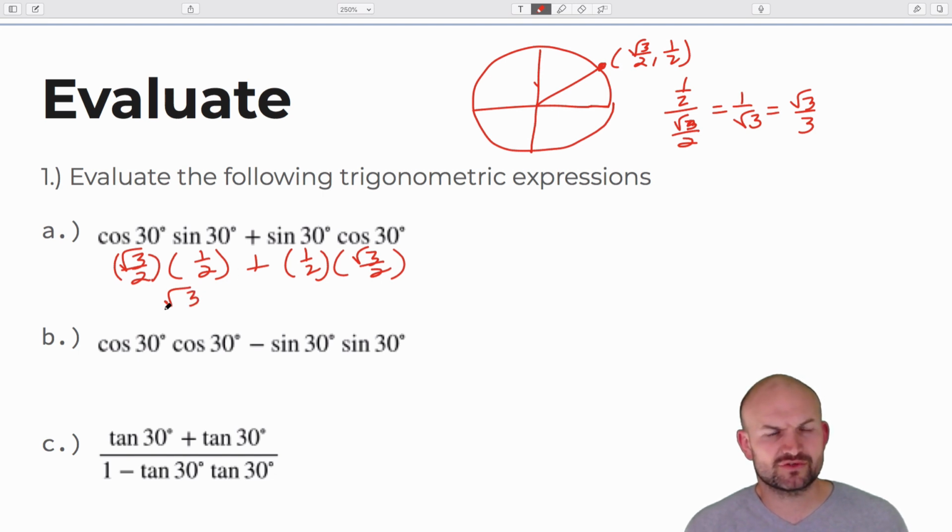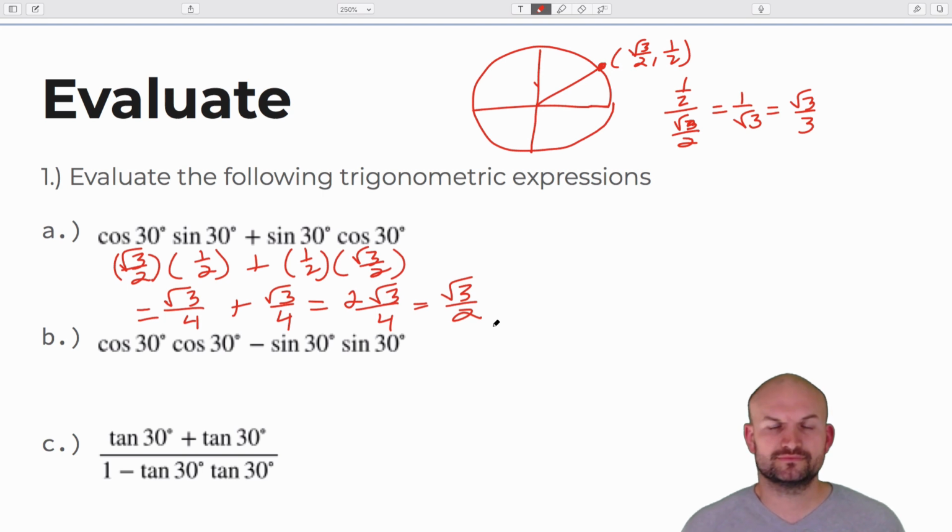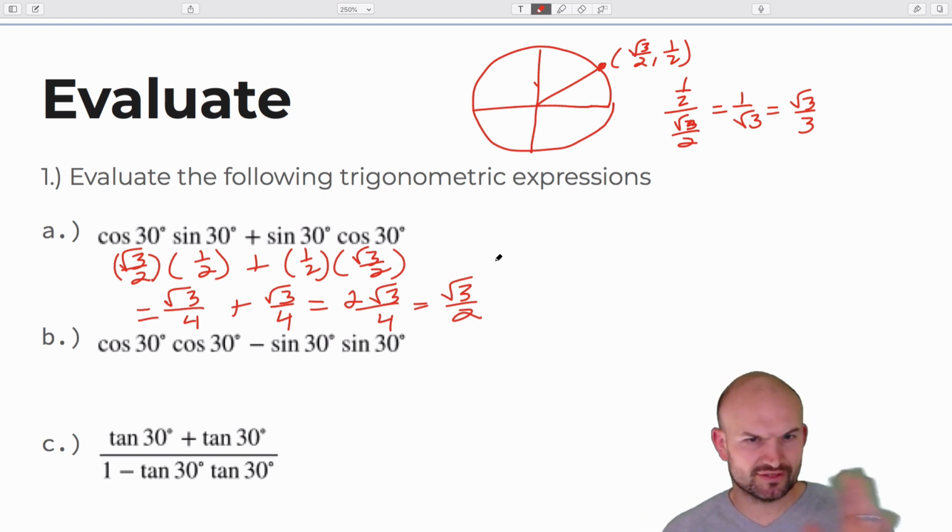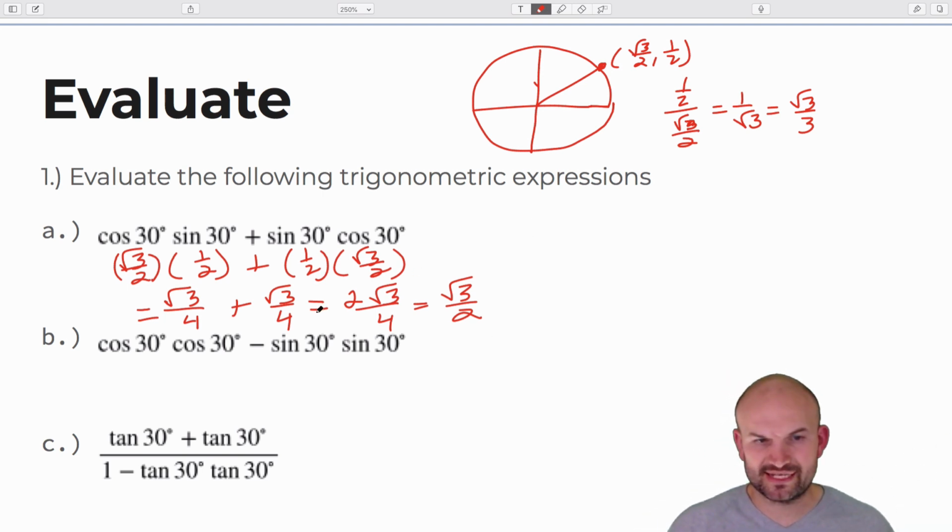If you multiply those, that's the square root of 3 over 4 plus the square root of 3 over 4. Now I'm going to work a little horizontal here. So that gives you 2 square root of 3 over 4, which reduces to the square root of 3 over 2. Interesting how that simplified down.